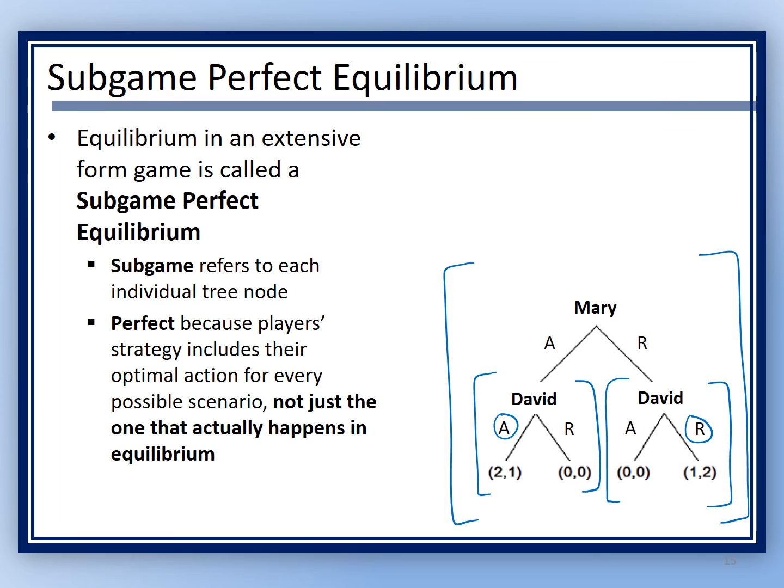What subgame perfect equilibrium does not allow is David doing something weird that is not in his benefit. Remember that in the end, Mary is going to choose the romance movie, right? So the case on the left never actually occurs in reality.